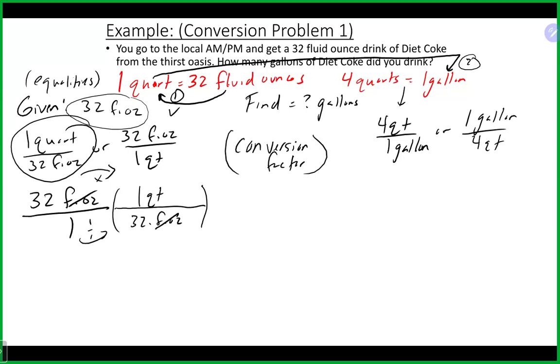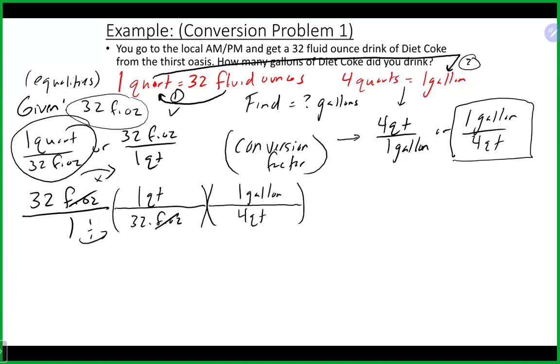Clearly, we can see quarts up on top, and we now want to get rid of quarts. So once again, opposites to get rid of it. I look at my options for conversion factors, and hopefully we see on the right-hand side that we have quarts in the opposite location. So building off of what we were doing, we're going to put our 4 quarts on the bottom and our 1 gallon up on top.